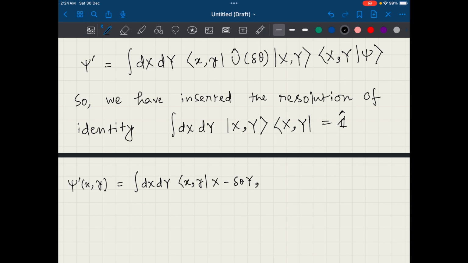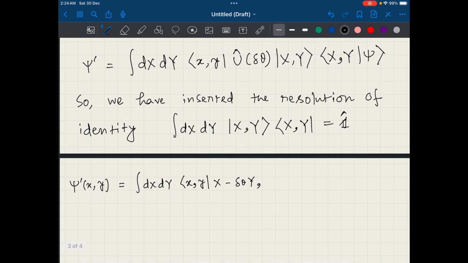We use the property of U theta, that is when U theta acts on position eigenkets, Y plus delta theta X. This is psi of capital X, capital Y.